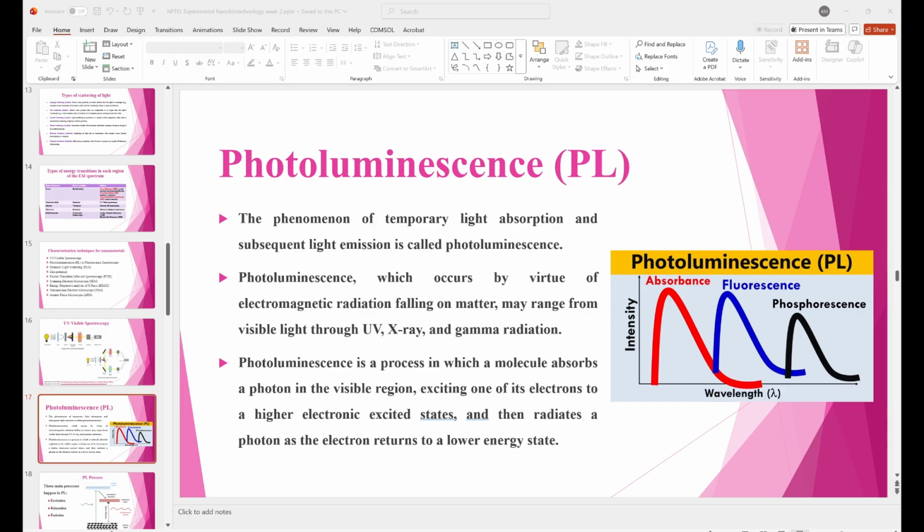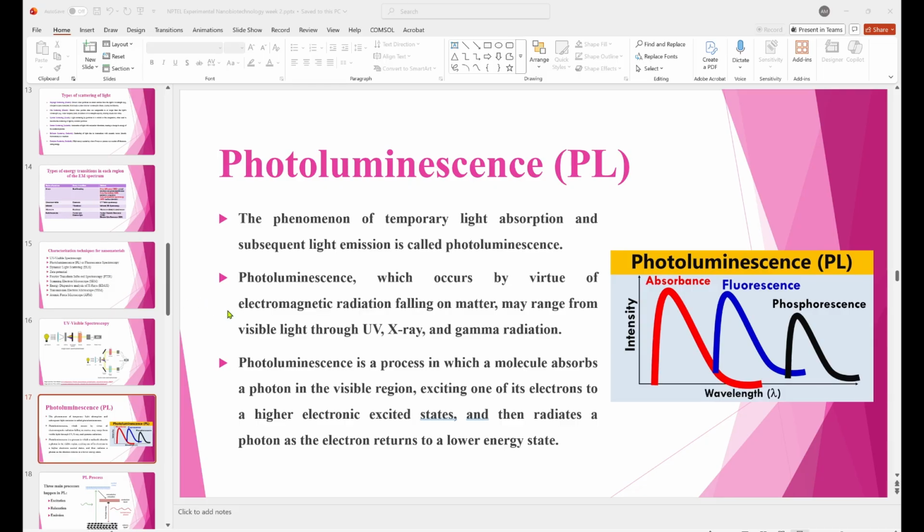So in the PL process, what is happening? The photo excitation causes the material to jump to a higher electronic state and will then release energy as photons as it relaxes and returns to a lower energy level. The emission of light or luminescence through this process is called photoluminescence. So again, it is shown here. S0 is your ground state. The electron absorbs a particular wavelength of light, gets excited to a state S2.